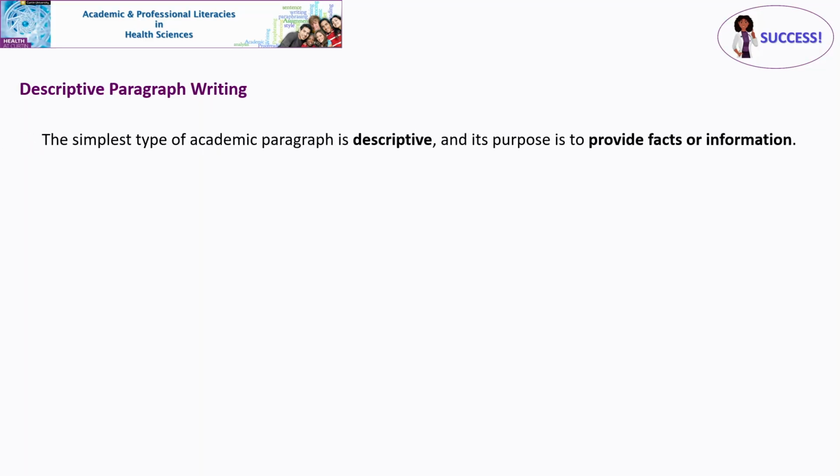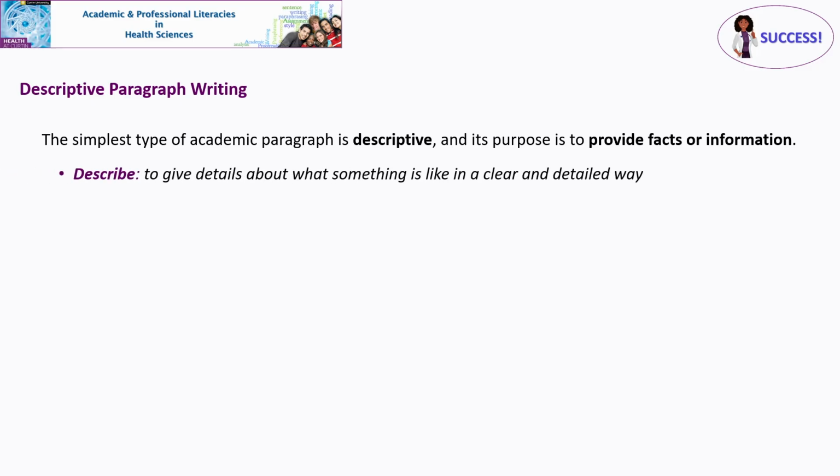Now, the simplest type of academic paragraph is a descriptive one, and its purpose is to provide facts and information. It will describe by giving details about something in a clear and detailed way.